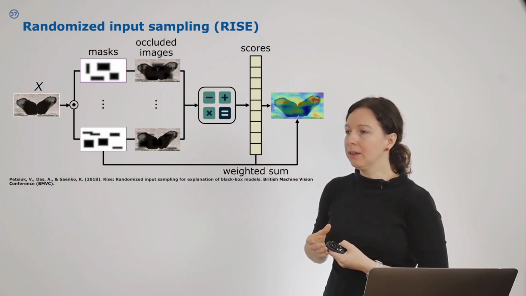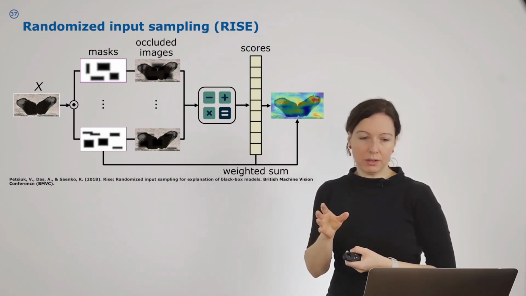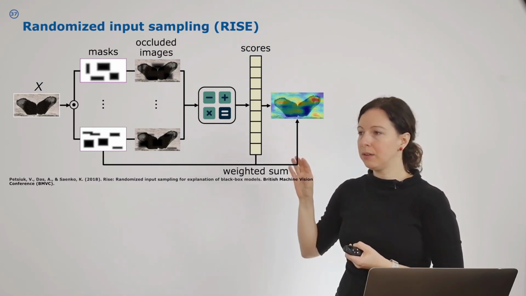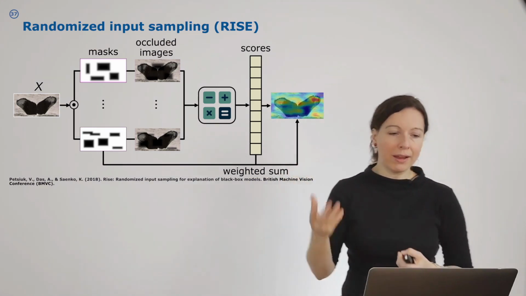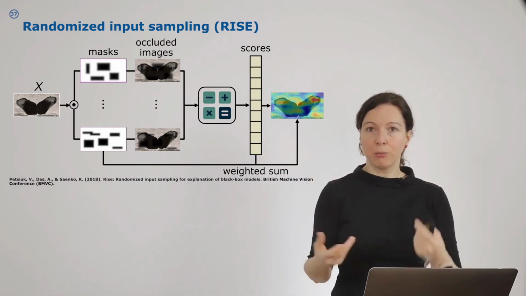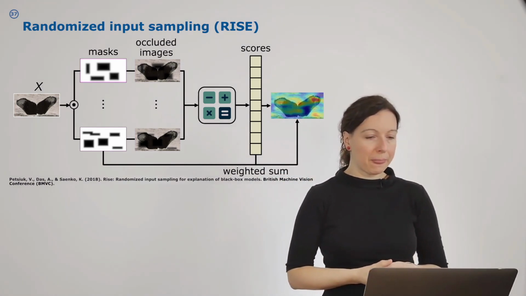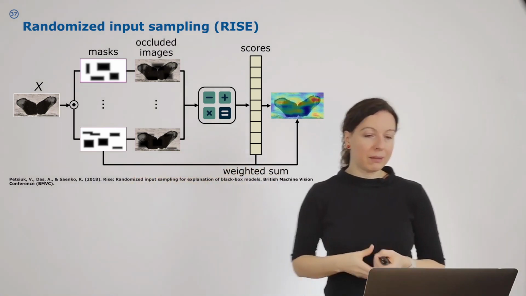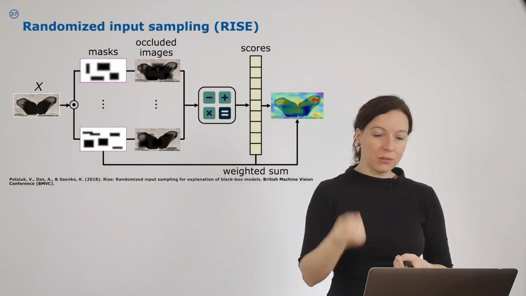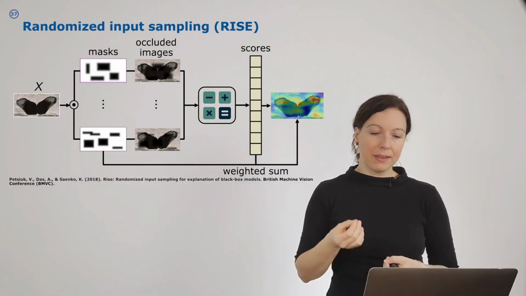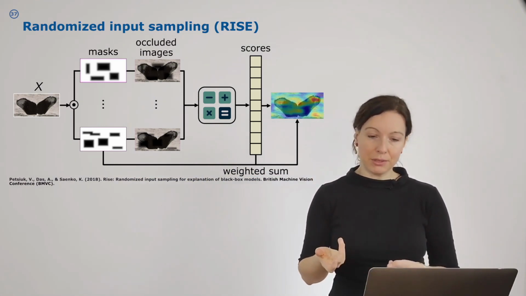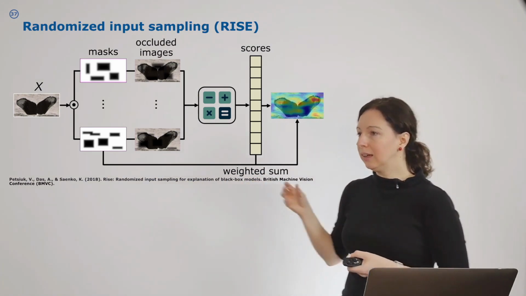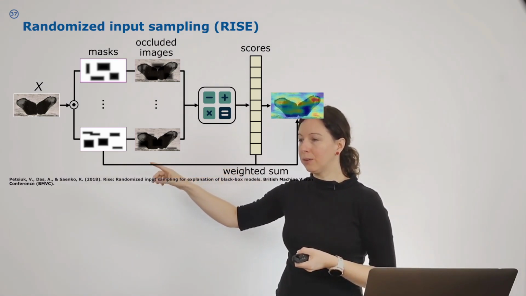It works a little bit differently than the occlusion sensitivity map, but this is how you combine all the mask information, what is actually happening with the score. So white in this image here means 1 and black means 0. And so if the score stays, then the important parts are still in the image, so it gets a high weight. So this is the crucial thing here, and how this is combined.